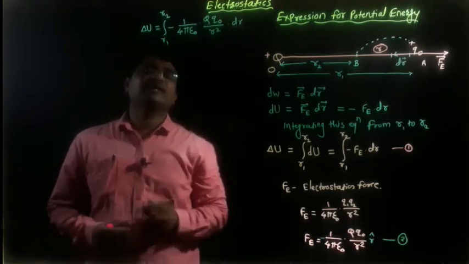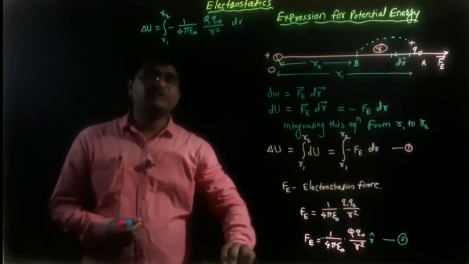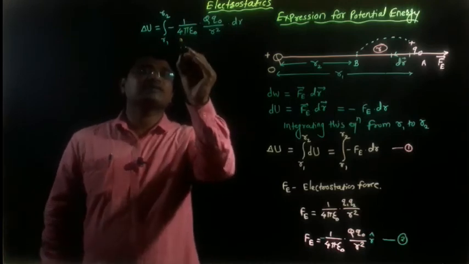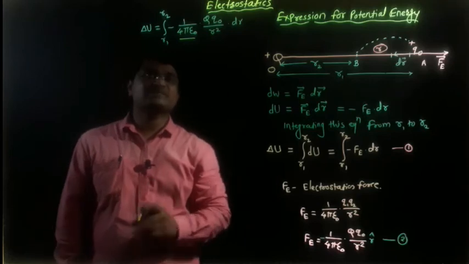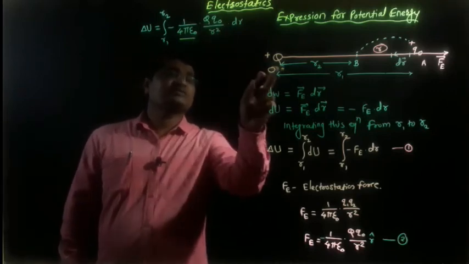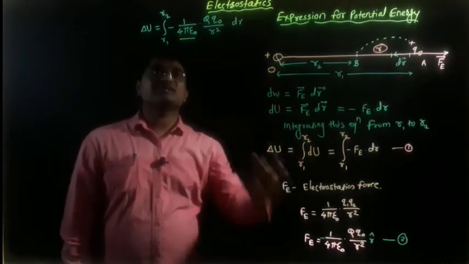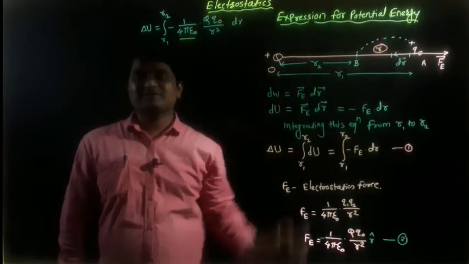But actually we know that this value of 1 upon 4 pi epsilon naught is the constant K in free space. Q and Q naught, Q is the positive charge and Q naught is the unit positive charge, their values of charge are also fixed.